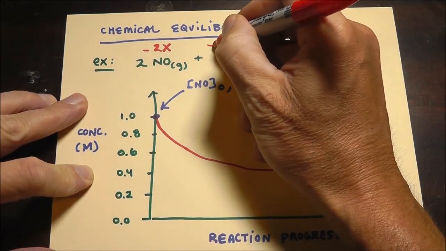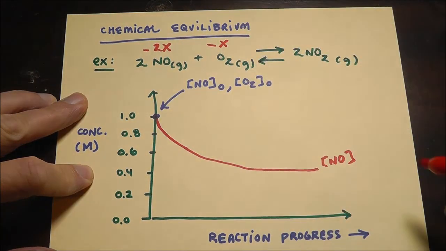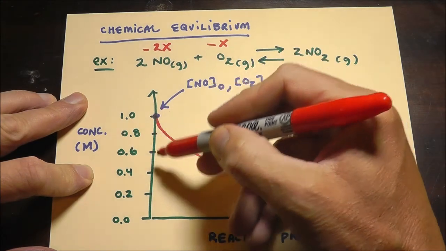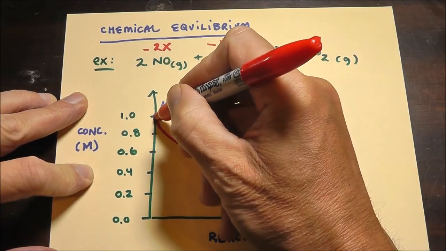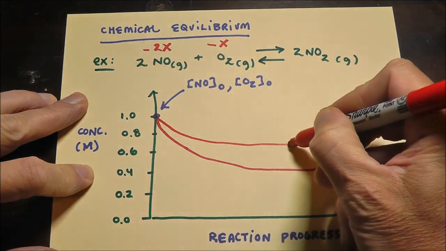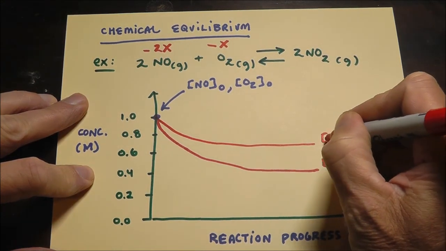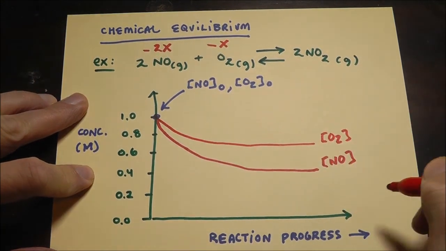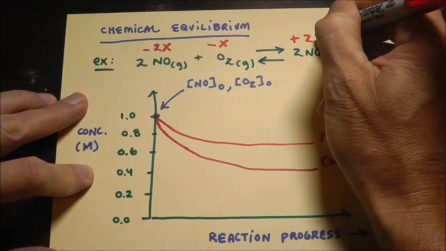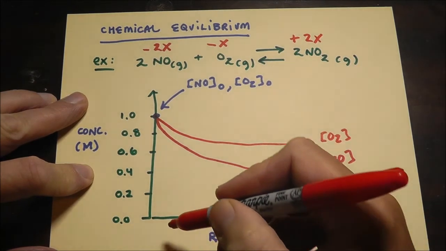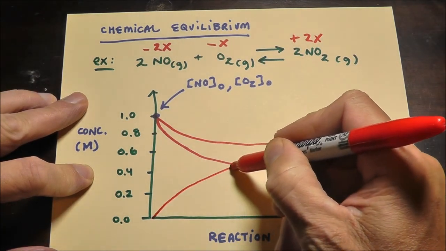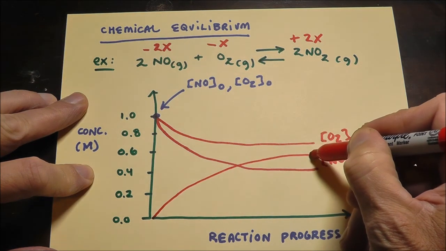Now, because the change of O2 is 1/2 of that, and this was a change of 0.6, then O2's change would be less, and it would level out at like 0.7, see? And now the change in NO2 would be 0.6, so this would be the mirror image, and it would go up, and everything would level out.